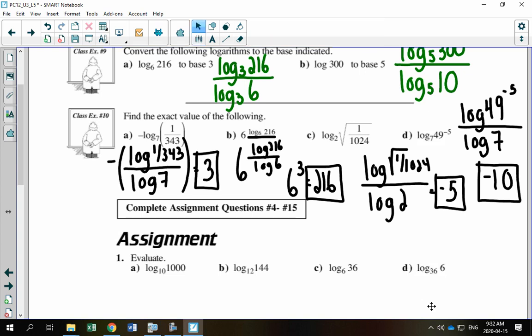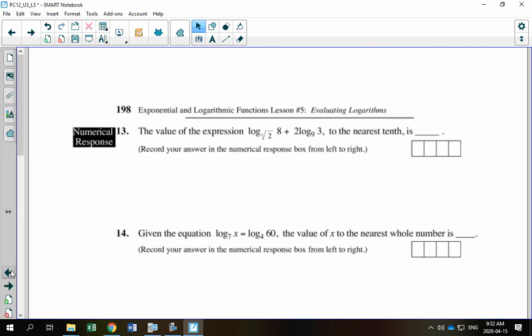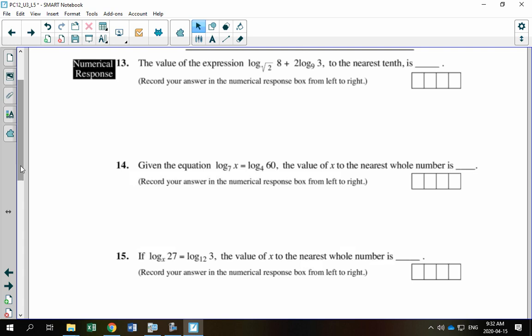So evaluating logs, I'll just let you continue working through those. Just taking a look here, what's good. Let's try the numerical, so we'll go to number 13. Okay, so the value of this expression to the nearest tenth is what?